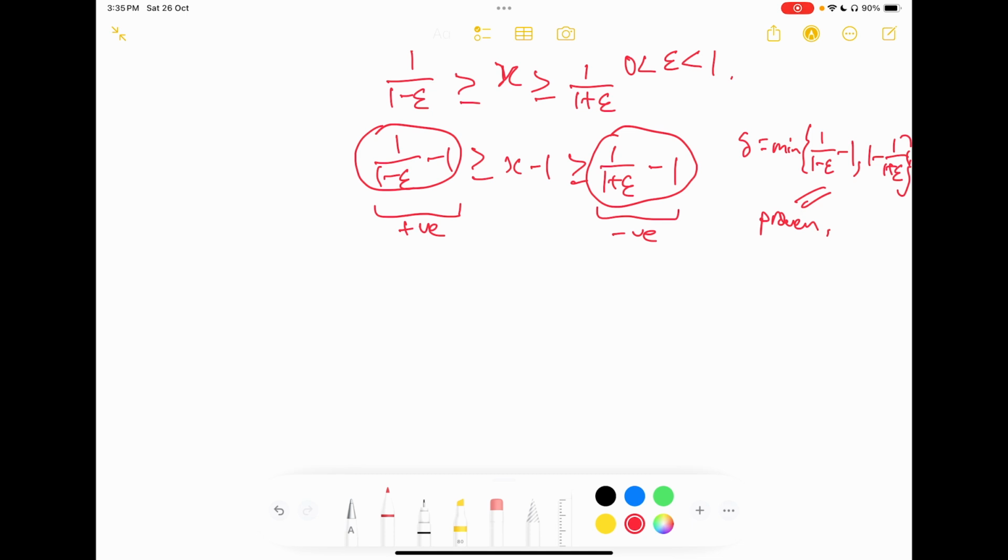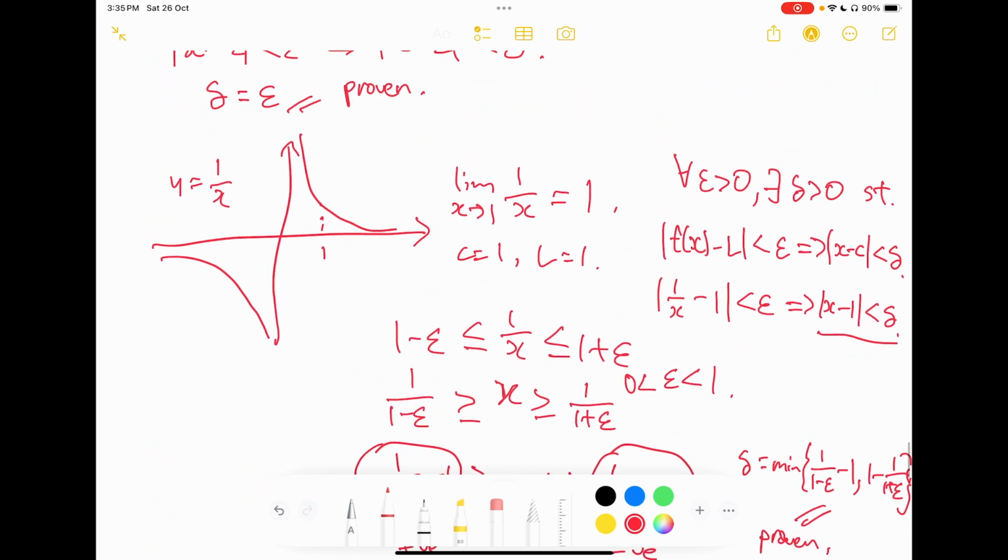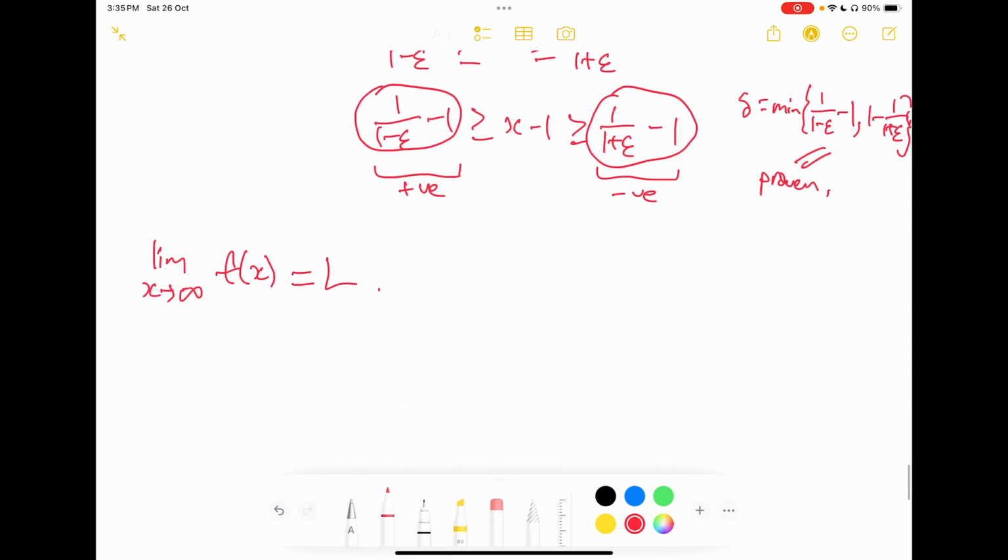So for a limit at infinity, right, let us establish a different definition. So in this case, C is infinity, but we can't just replace the definition and put C equals infinity.